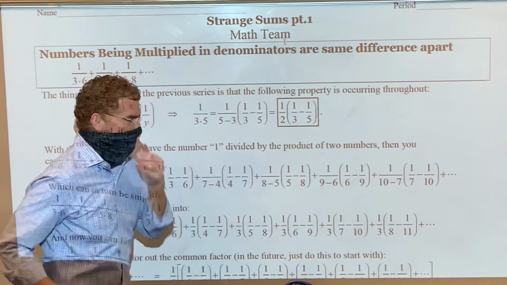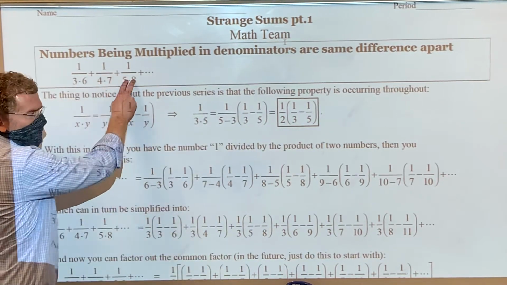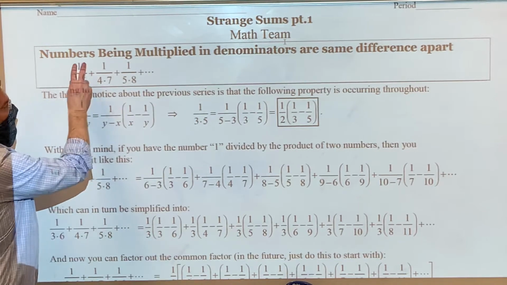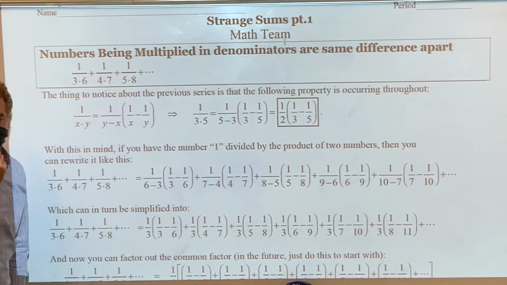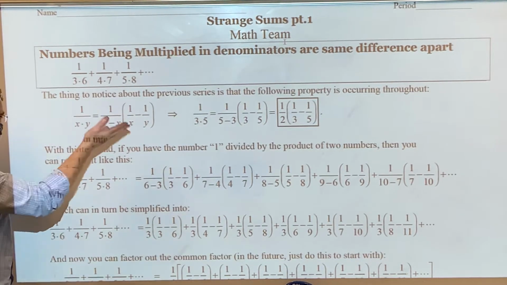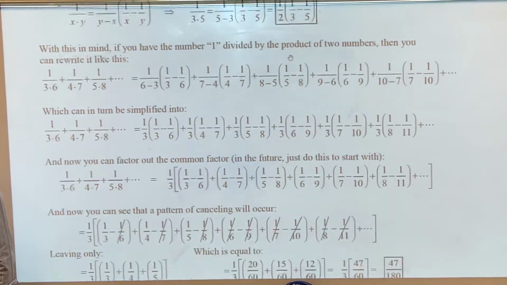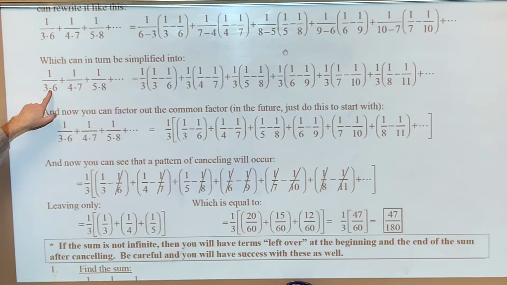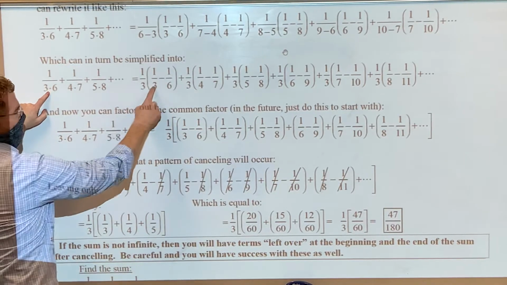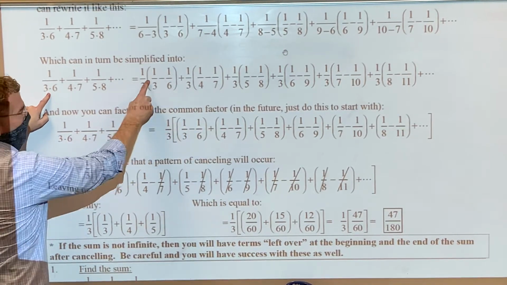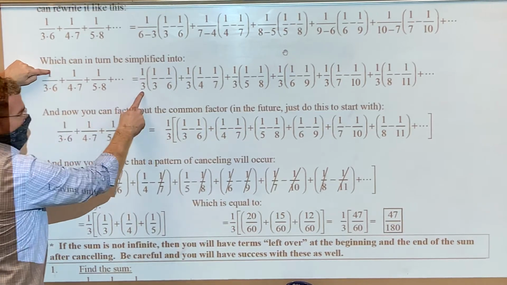This is why. Every one of these expressions, and this is not one of these, but every one of these expressions, I could rewrite using this process. And if I did it, look what would happen. So this first part ends up being 1/3 minus 1/6 times 1/6 minus 3.